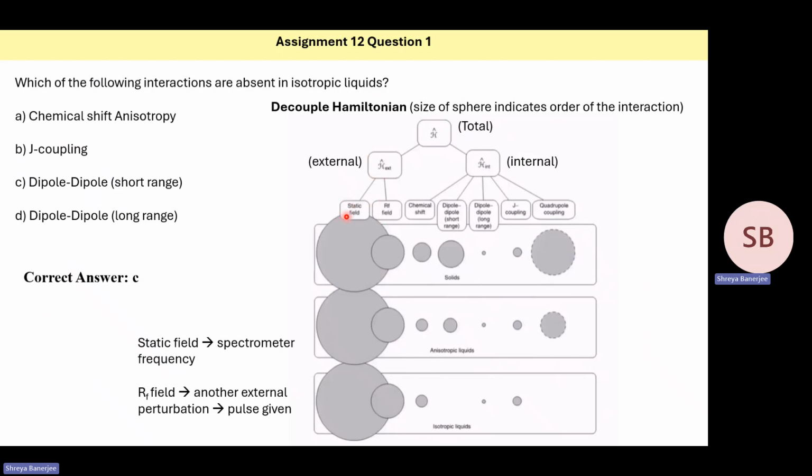One is the static field, that is the spectrometer frequency that is giving energy to the spins. Another is the RF field, that is the pulse that is applied that gives an additional external perturbation or energy to the spins. So these are the two sources of the external energy. The internal energy has many different subparts.